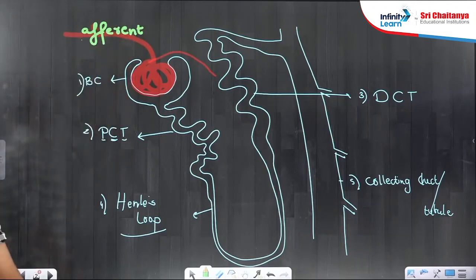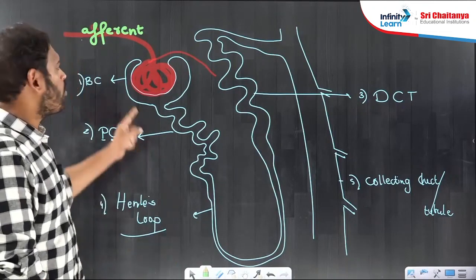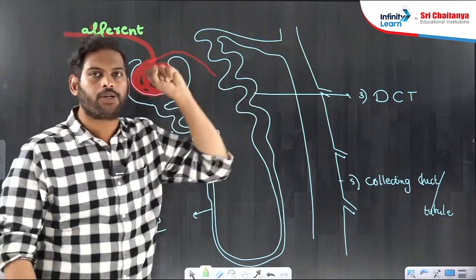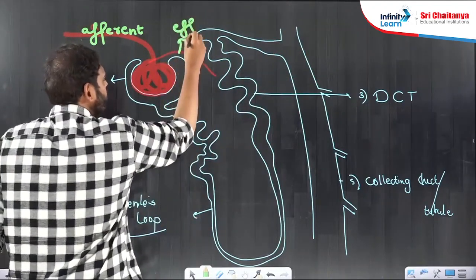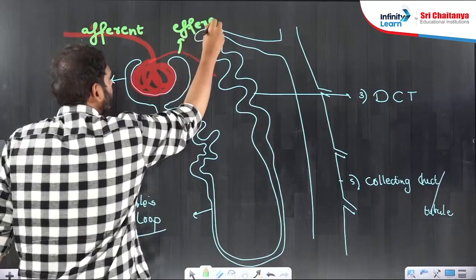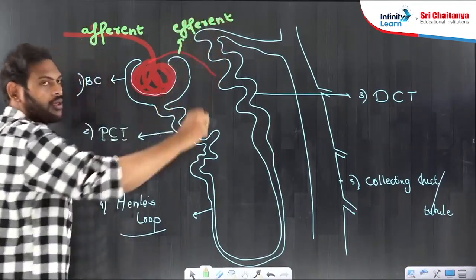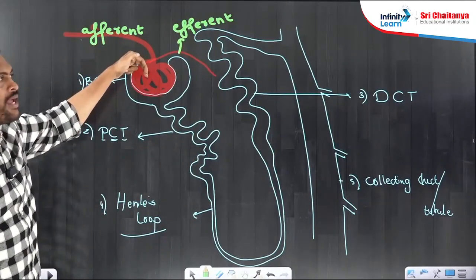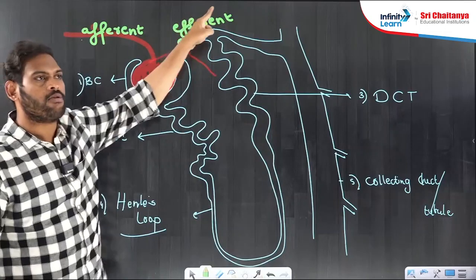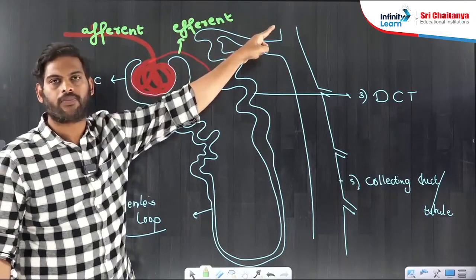At the same time, guys, the arteriole which is going out of Bowman's capsule is referred to as the efferent arteriole. So, afferent arteriole enters Bowman's capsule and efferent exits Bowman's capsule, isn't it?